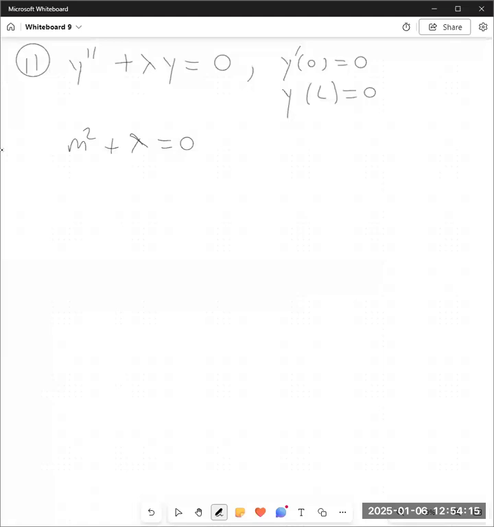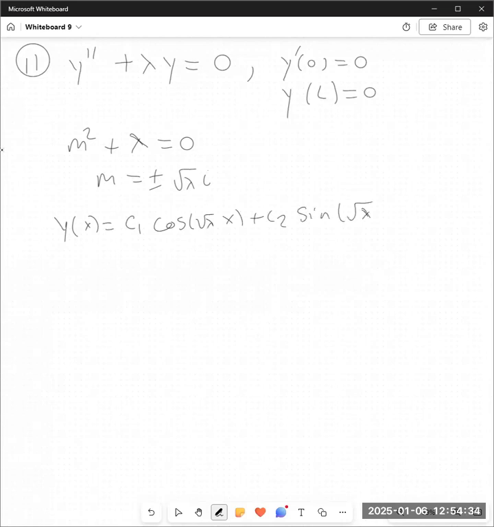get this. So again, m is equal to plus or minus root lambda i, making y(x) equal to c1 cosine of root lambda x plus c2 sine of root lambda x, and I need y'(x) is equal to negative root lambda c1 sine of root lambda x plus root lambda c2 cosine root lambda x.